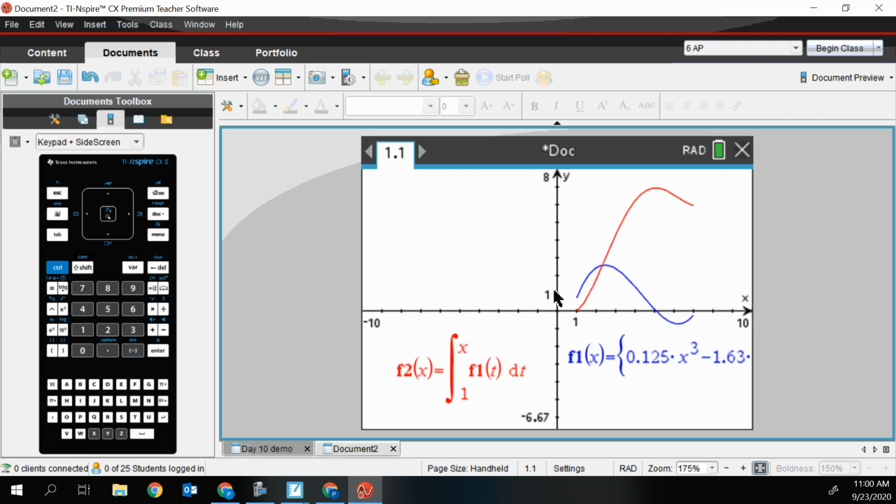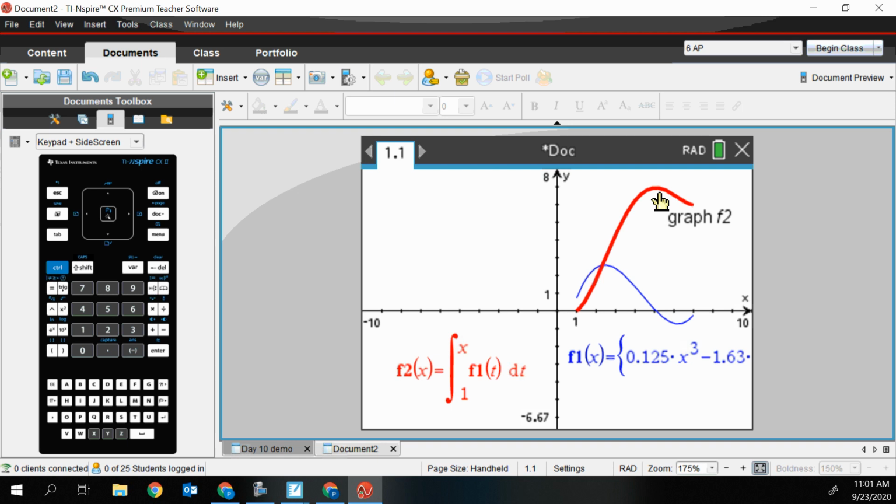I'm going to move that accumulation function out of the way. So some things to notice are that the relative maximum of the accumulation function is the same as the 0 of the original function F1.